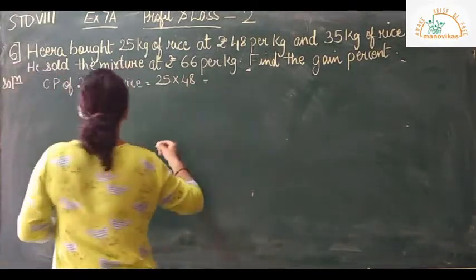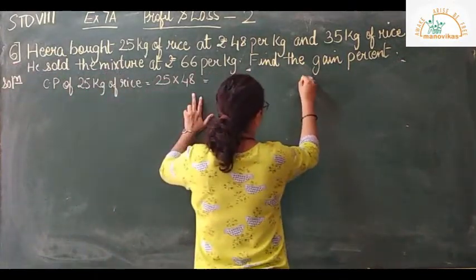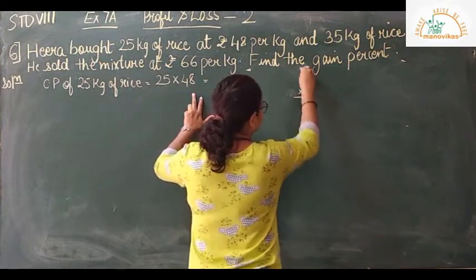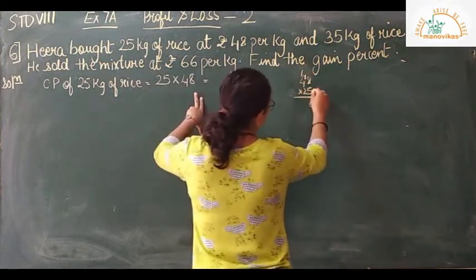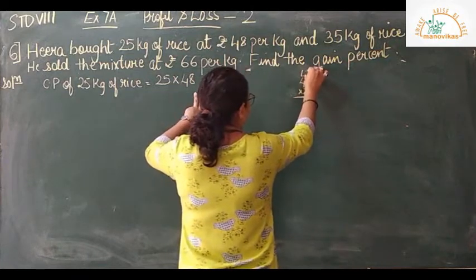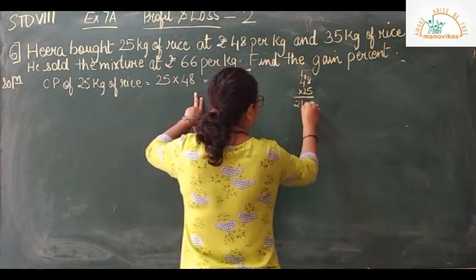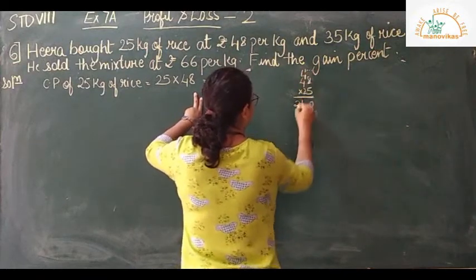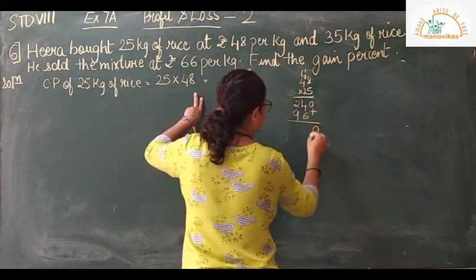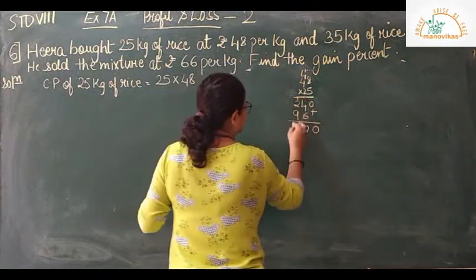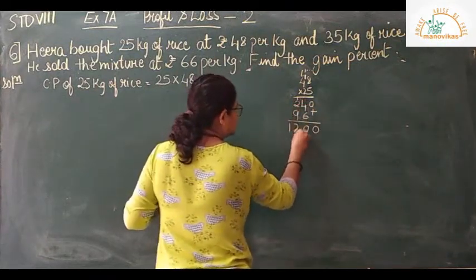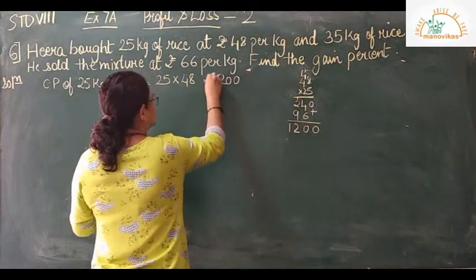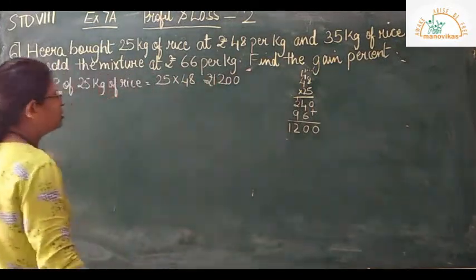That comes to 25 into 48, which is 1200. It comes to rupees 1200.